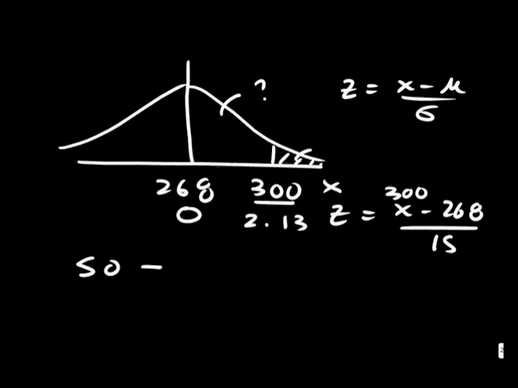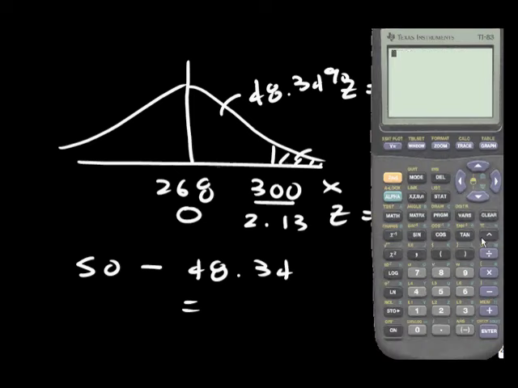That means 48.34% of the bell. So taking 50 and subtracting 48.34, we'll get 1.66.